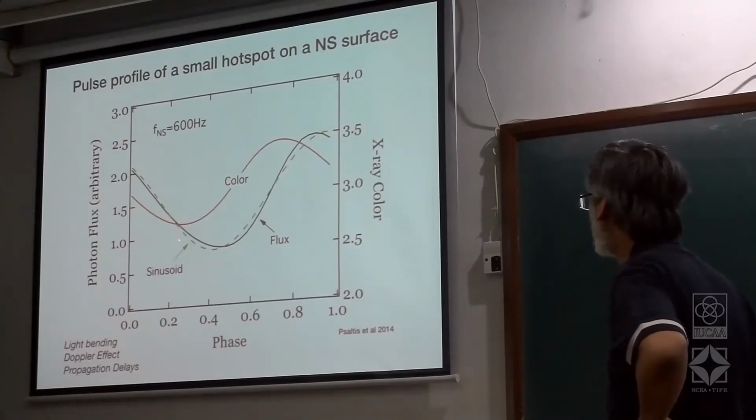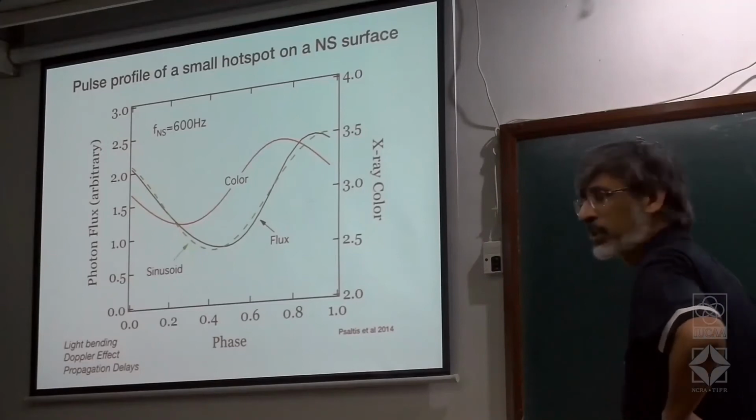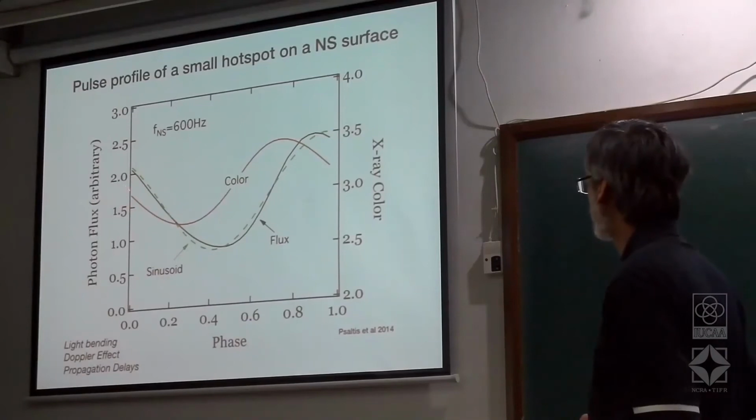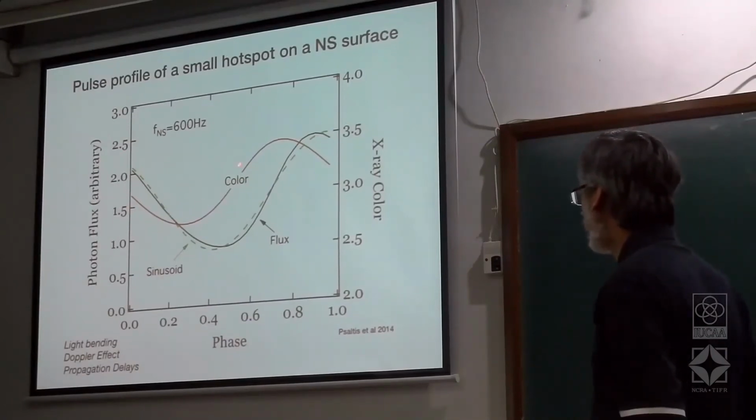You see profiles like this. So this is your sinusoid, the dashed one, but you see the flux will look slightly different because of Doppler shift. When there is a spin, there is a Doppler shift, and that causes asymmetry. And that is much more pronounced in color.